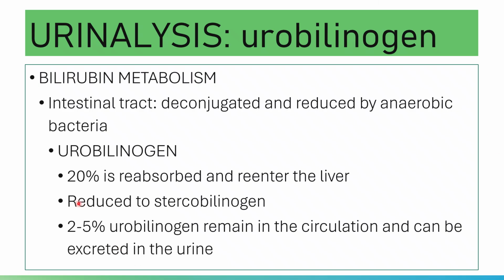Please note that the majority of the remaining urobilinogen is excreted in the feces as colored urobilins or stercobilins, which are formed after further removal of hydrogen. A small amount, 2 to 5% of urobilinogen, remains in the circulation and can be excreted in the urine.